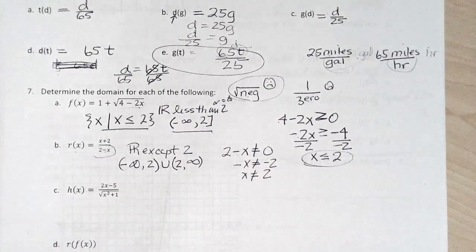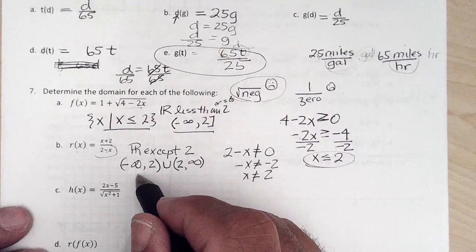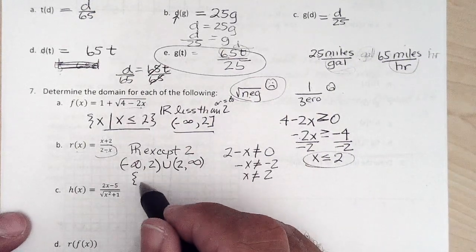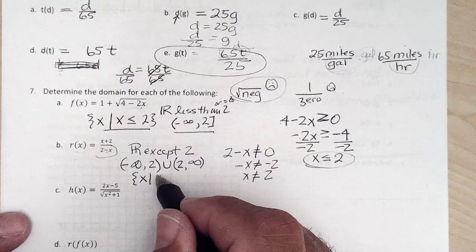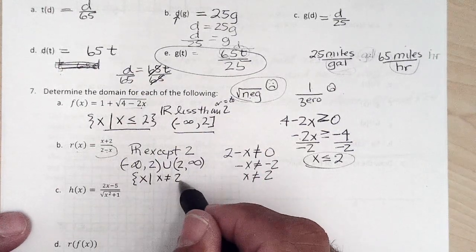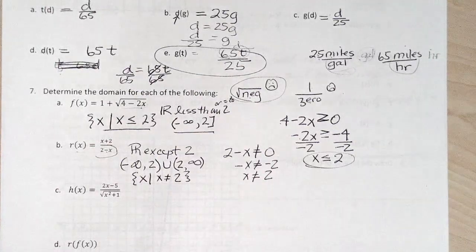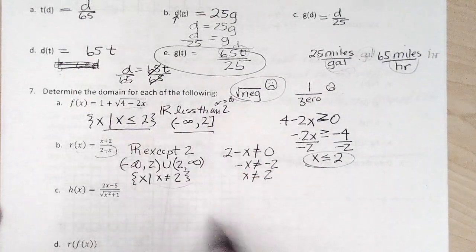That skips over the 2. Or I could say the set whose elements are the numbers such that the numbers are not equal to 2, in set notation. 3 different ways to write the answer.